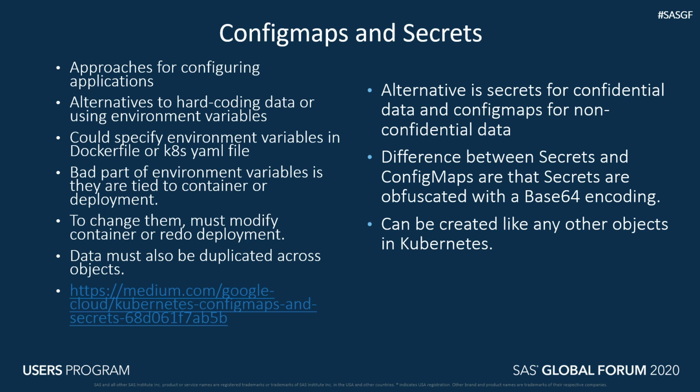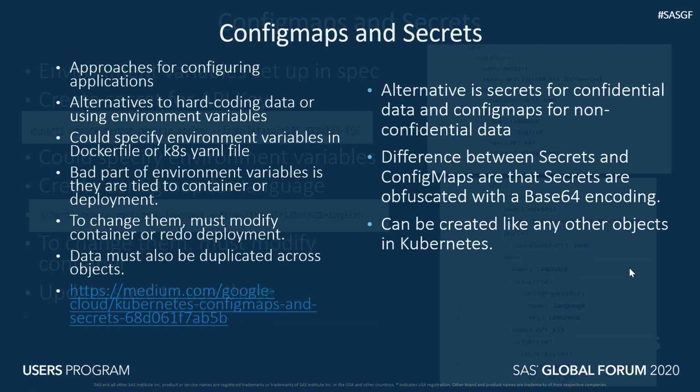If you really want to be secure with secrets in Kubernetes, you would want to use something like Vault. Vault is an application from HashiCorp that is actually useful for storing this kind of information and managing it for you. So secrets and config maps are similar, except that secrets have this base 64 encoding by default to obfuscate or hide the information so it's not in plain text.